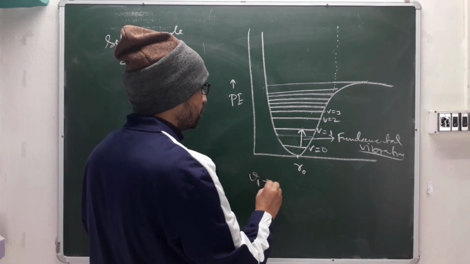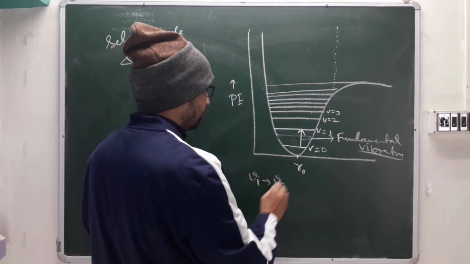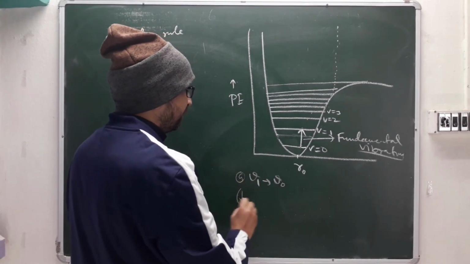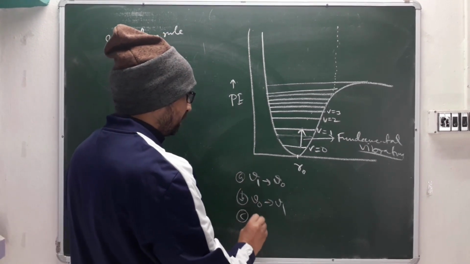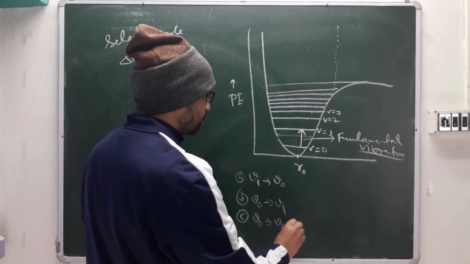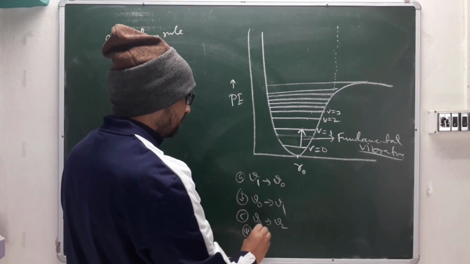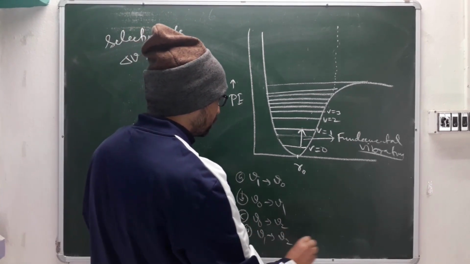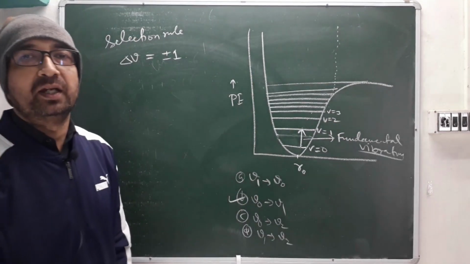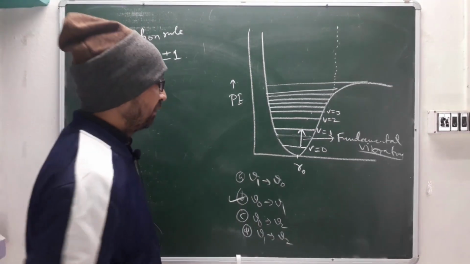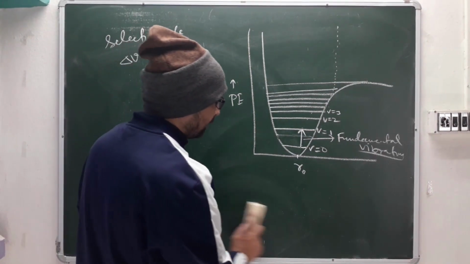Option A, V1 to V0. Option B, V0 to V1. Option C, V0 to V2. Option D, V1 to V2. So the fundamental vibration will be option B, correct? So you keep this in mind.